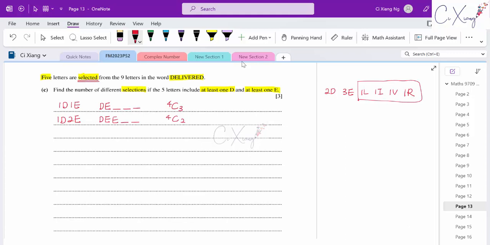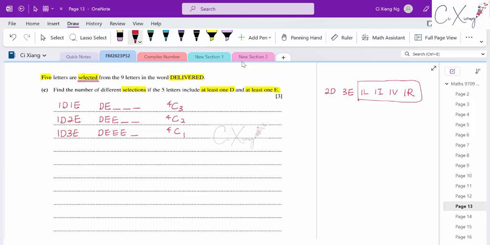Okay, and then 1D with 3E. So my result will be D and then E, E, E. Then I have only 1 letter to be selected. So I'm having 4C1. Okay, so these are the cases with 1D and 1, 2, 3 E.